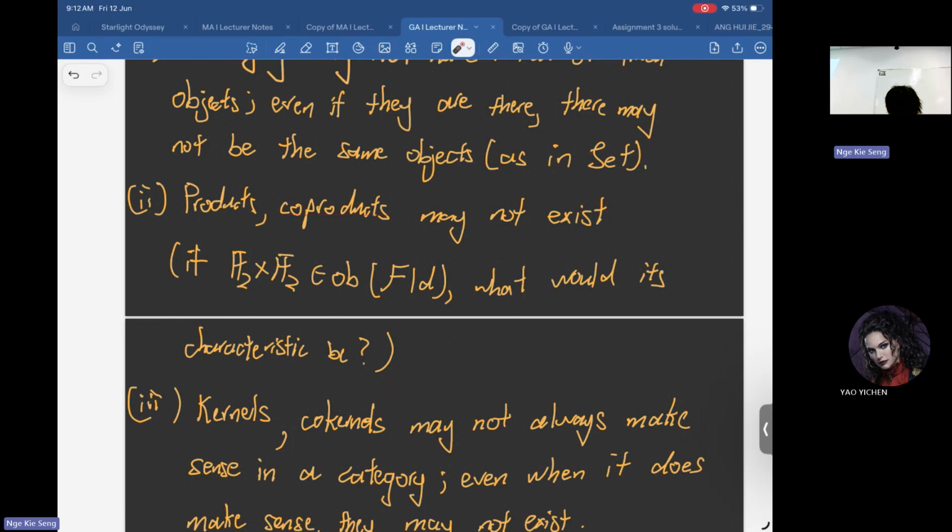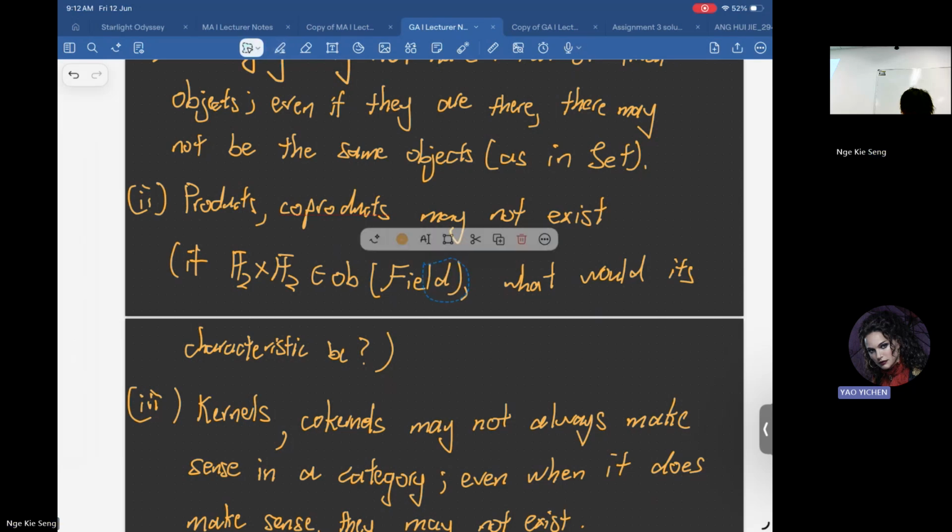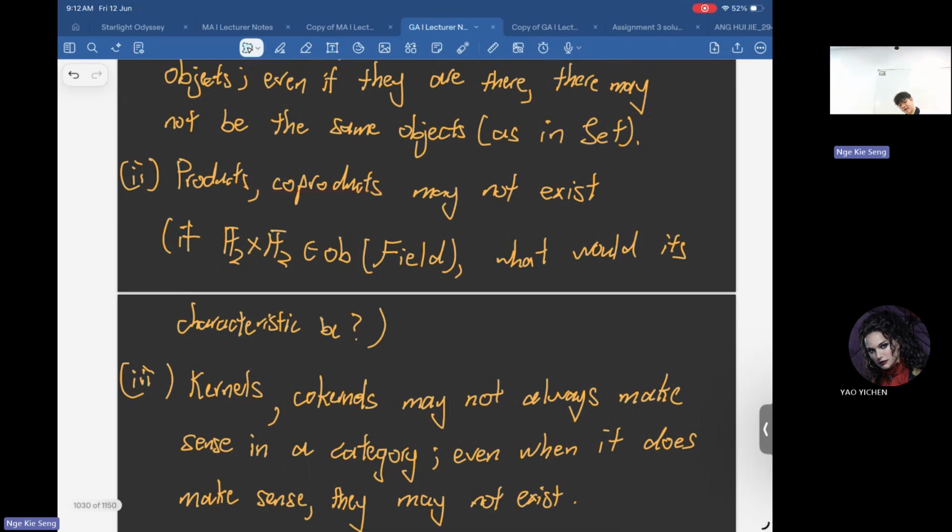Finite dimensional vector spaces over a field. Let me write it down. If you take F2 cross F2, what does the characteristic have to be? F2 cross F2 means the characteristic of the field. What would the characteristic be?